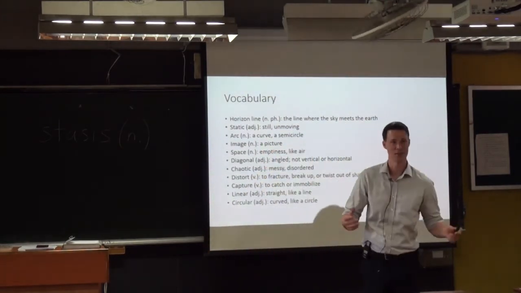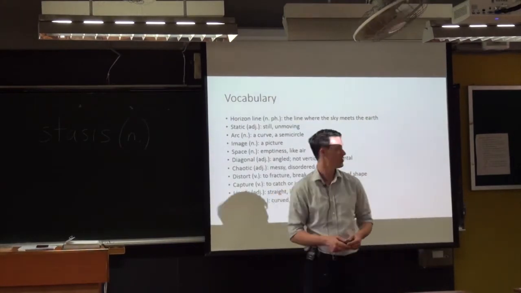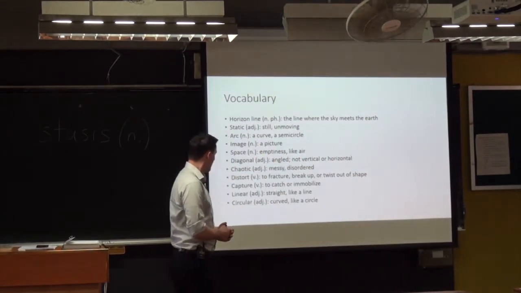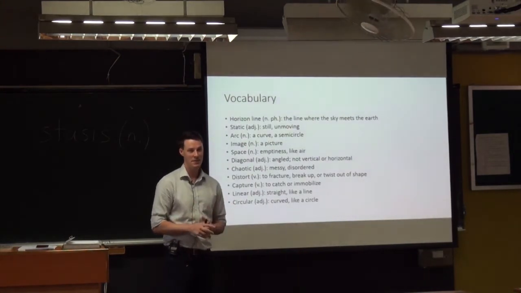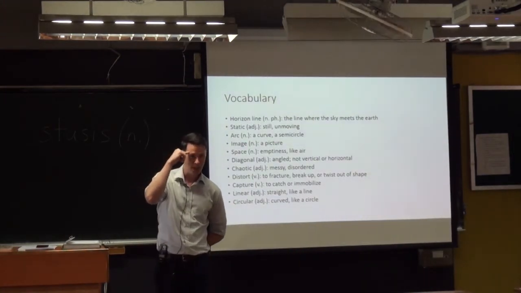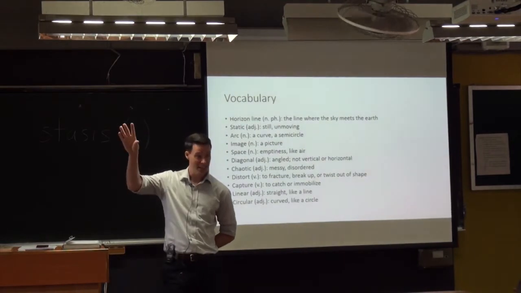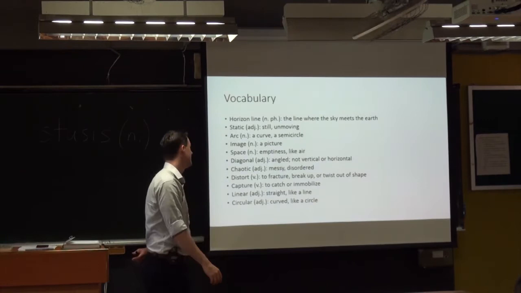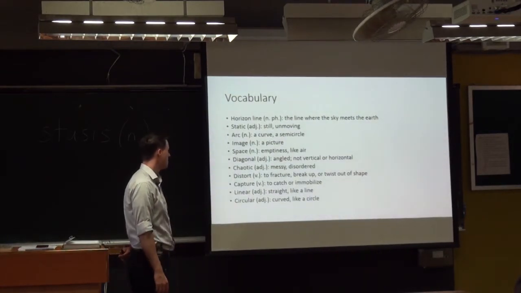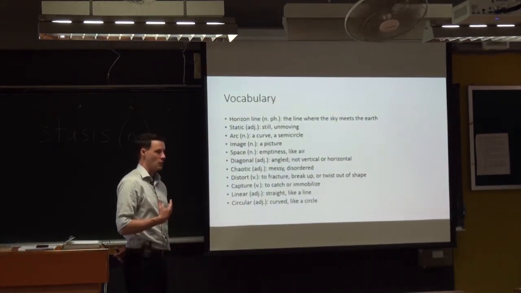Okay, maybe there's more. We'd have to search. Image is a noun, basically means a picture of something. So I can have an image in my mind of a tree, or I can have an image in my mind of a rainbow. Okay, a picture or a representation.